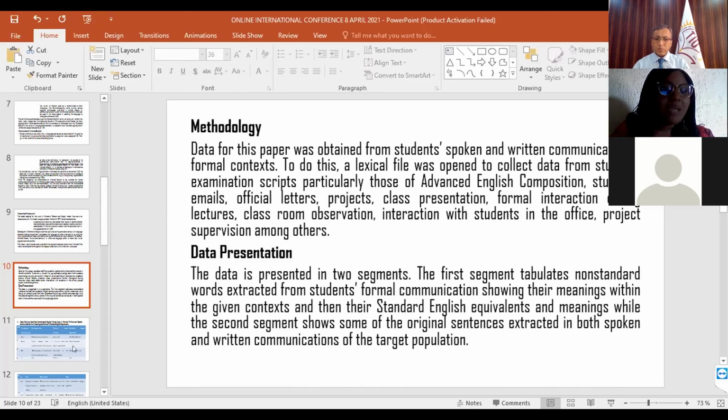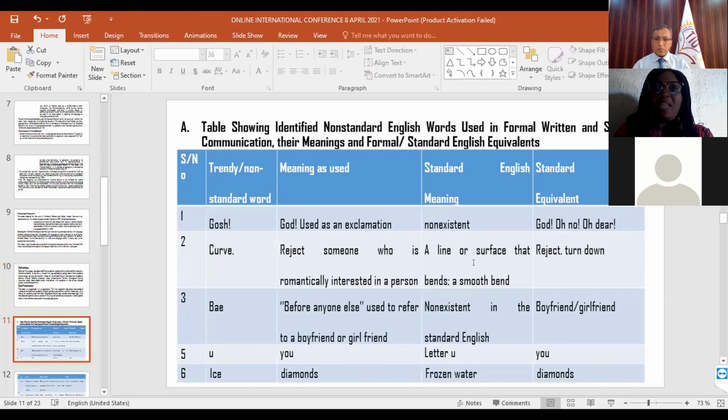Now, I would like us to see the data displayed here so that we can see if the choices of these words are appropriate for this given context, not minding whether they are trendy, popular, or common or not.